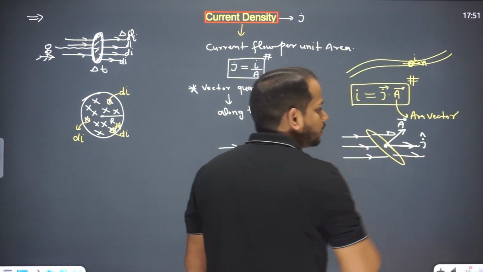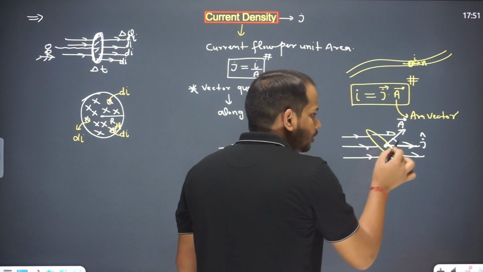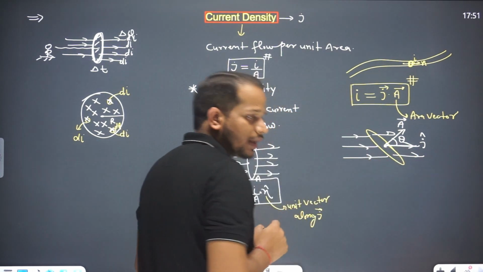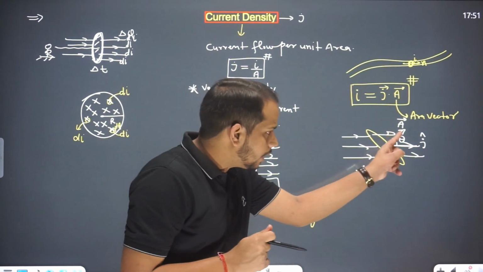If this is the direction of J, this angle is theta, the angle between the area vector and J.